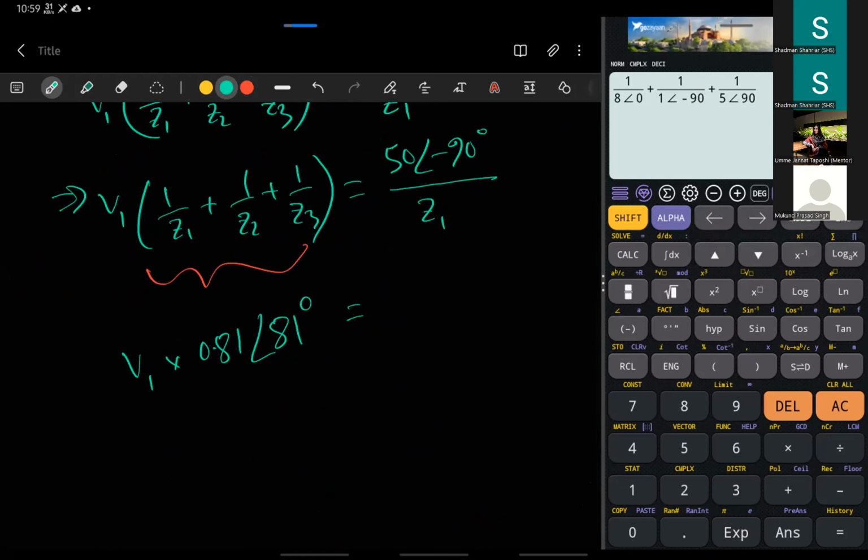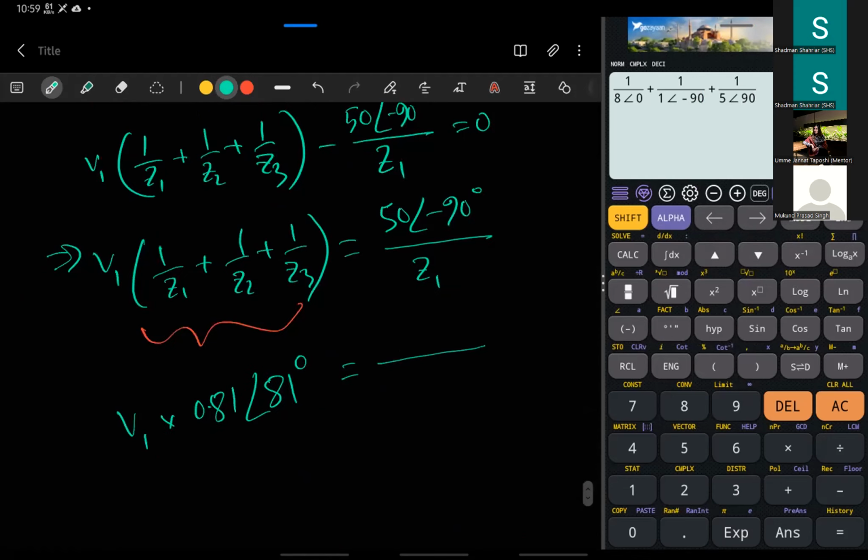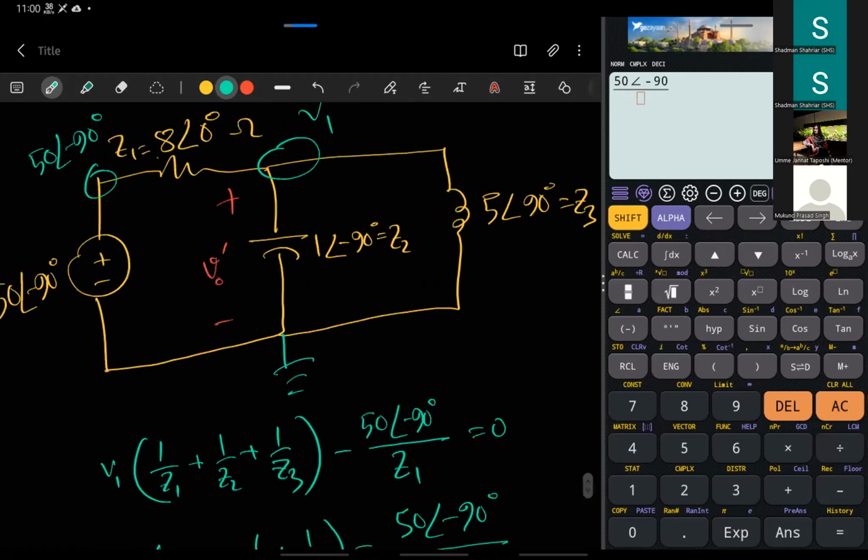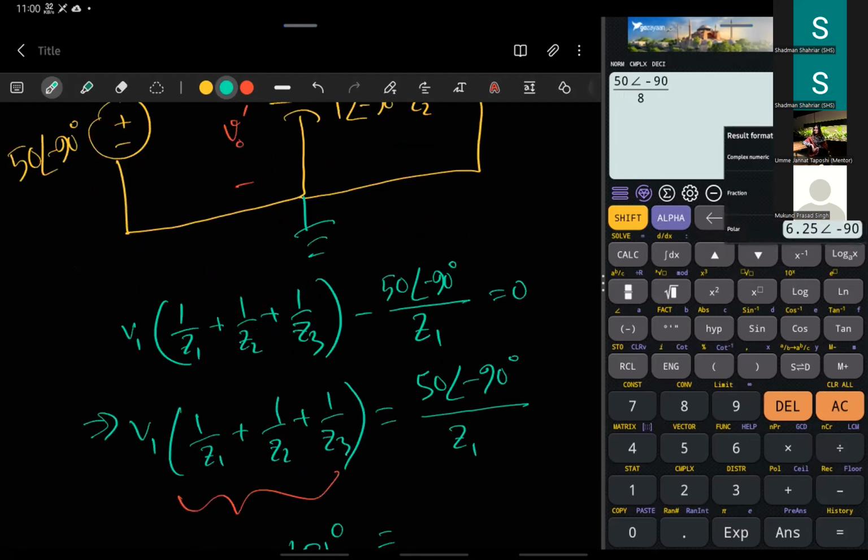On the other hand, we have 50 angle minus 90 divided by Z1. You can use the fractional format; I prefer this. The value of Z1 is 8, so you have 6.25 angle minus 90 degree.